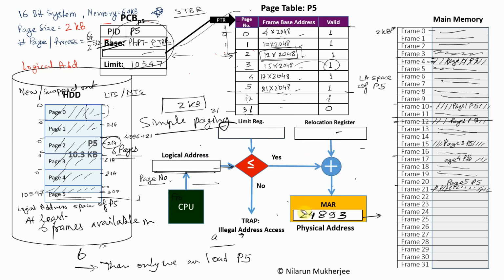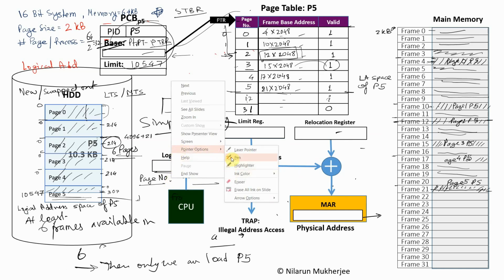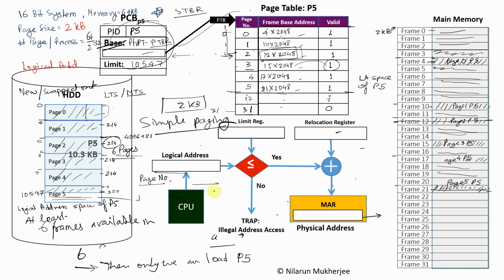Let's go for another example. So this is the offset, this is of m bits, here it is 3 bits, and this is n minus m bits, it is 16 minus 5, that is 11 bits.